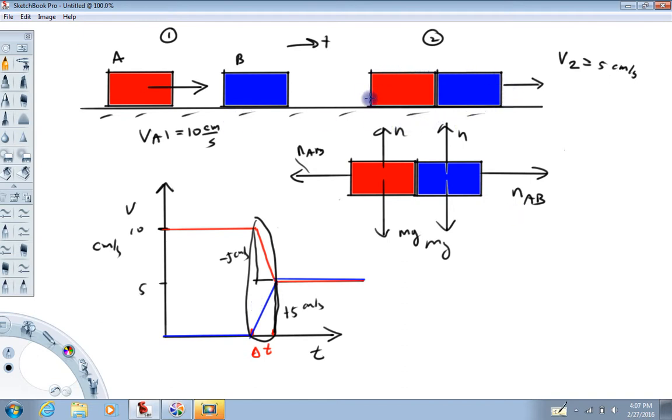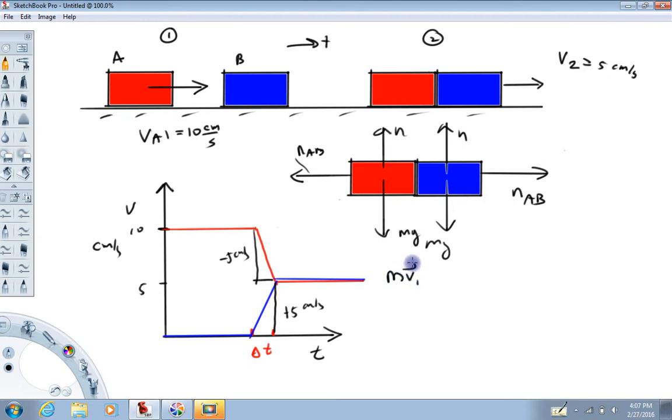They're also not there after impact. Once the impact has occurred, once we're out of this little delta t time frame, these normals, this one and this one, would be gone. Now, in one of my previous videos, I talked about momentum. And basically, momentum conservation looks like this.